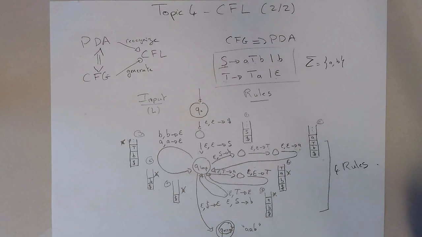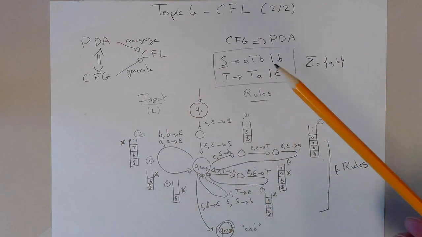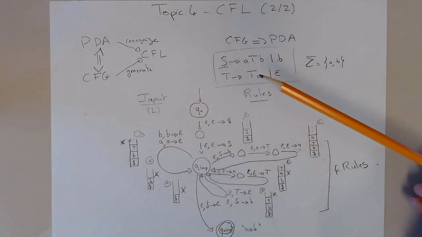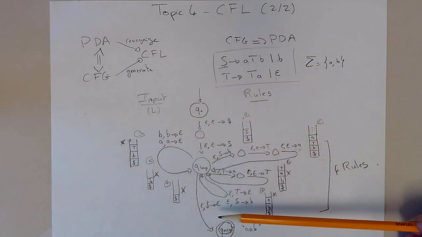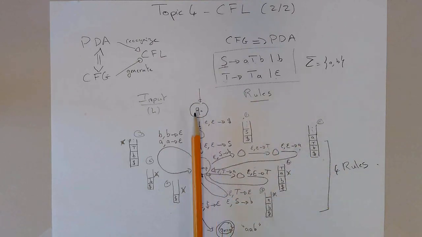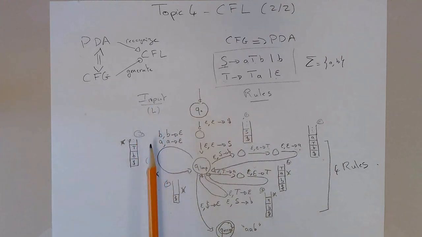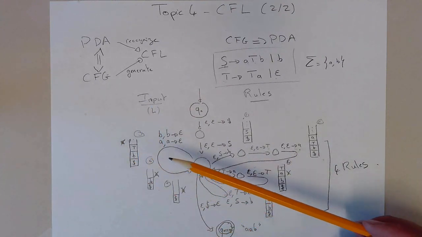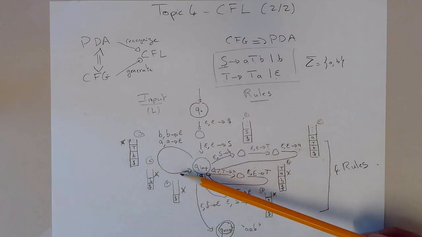So now we have shown through an example that the mechanism is systematic, right? For any other grammar, I can write all the rules here as loops. And here I put basically all the alphabet of my language, always with this kind of pattern with one single loop over the Q loop.